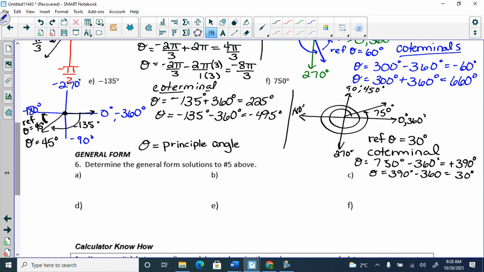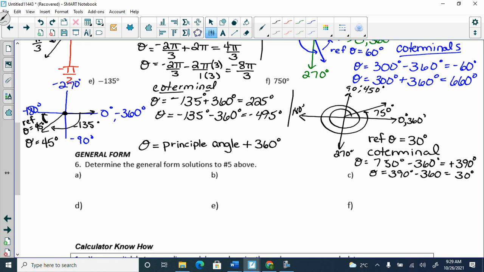If it's not between 0 and 360, you're going to find that angle, right? And then if it's in degrees, we add 360 degrees, which you told me we do. That was an agreement. We can add 360, or we could what? Subtract 360. So I'm going to add 360 degrees.